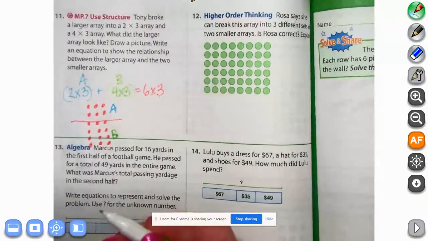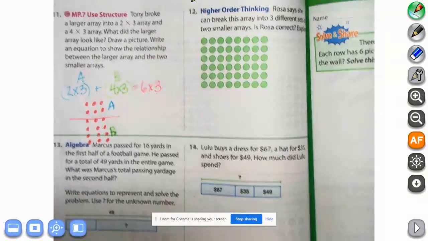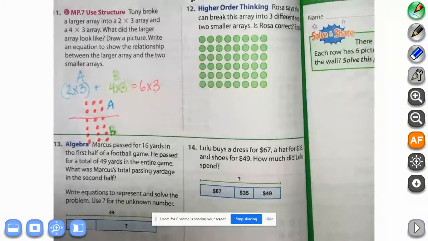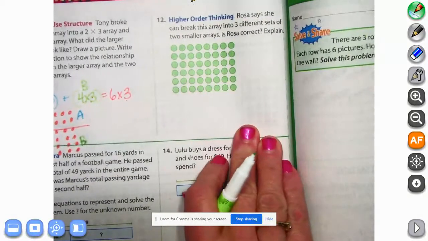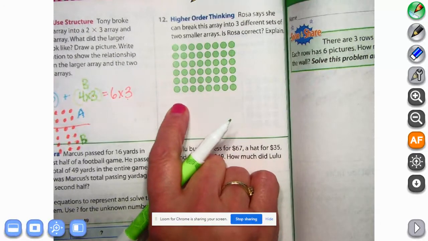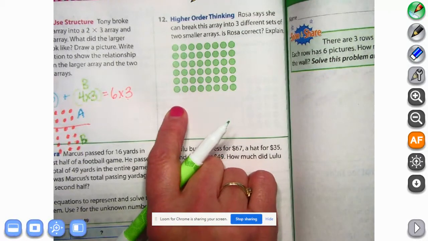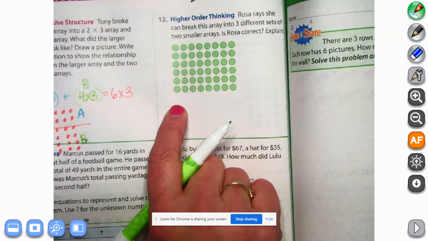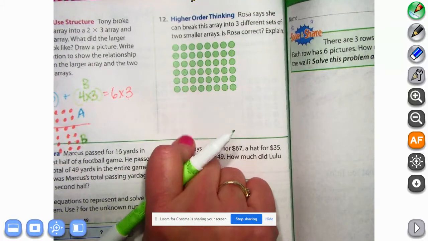Number 12. Rosa says she can break this array into 3 sets of 2 smaller arrays. Is Rosa correct? Explain. Okay. She can break it into 3 different sets of 2 smaller arrays.